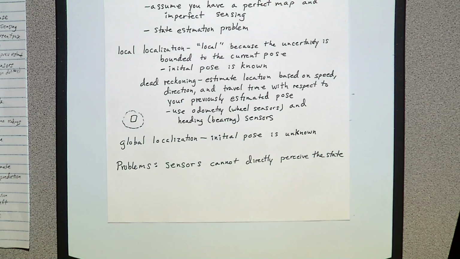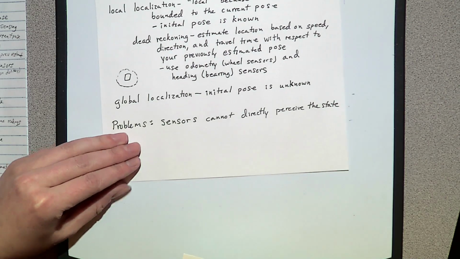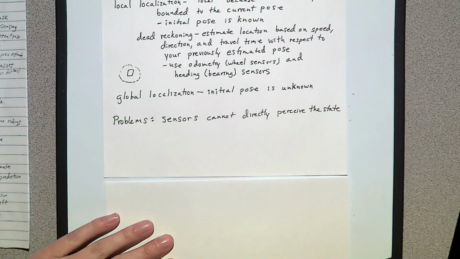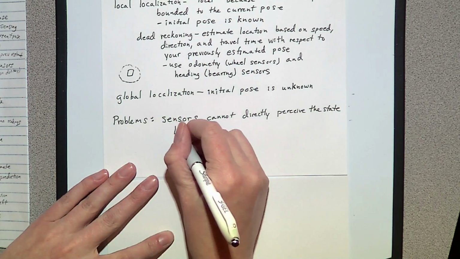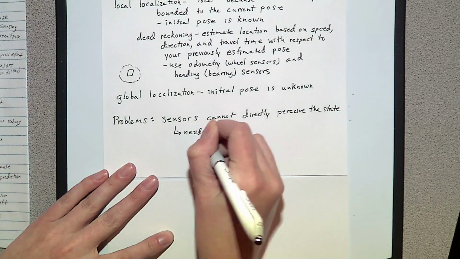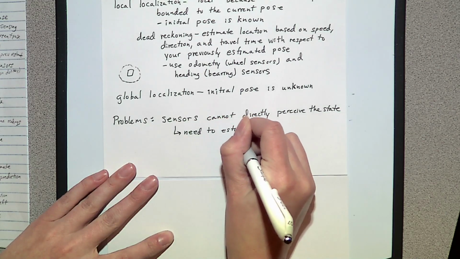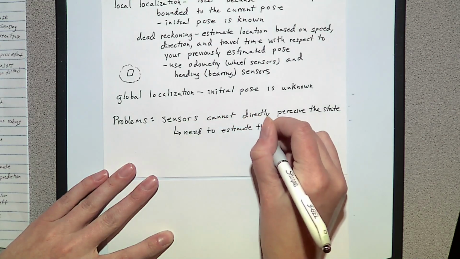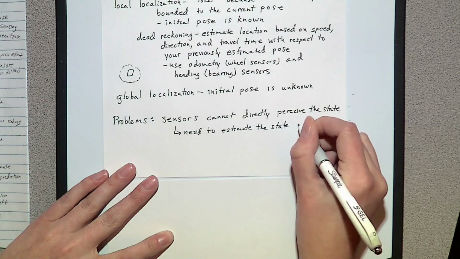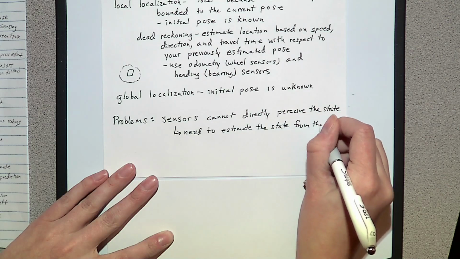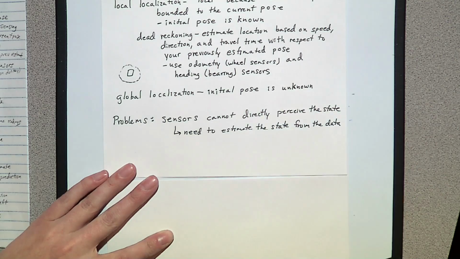So we have things like range sensors and bearing sensors, but they can't tell us the exact x, y, theta position that we're actually interested in. So what we have to do then is we need to estimate the state from the data.